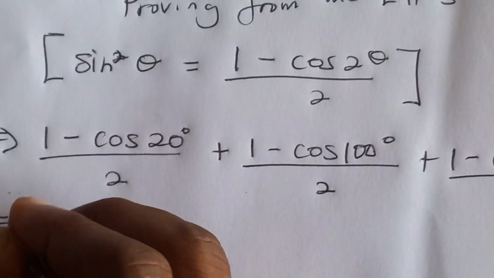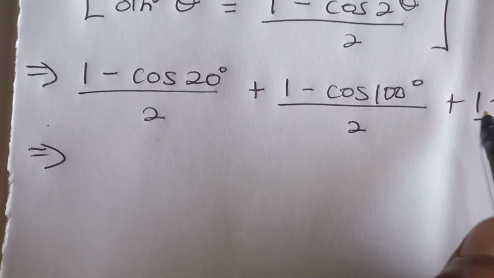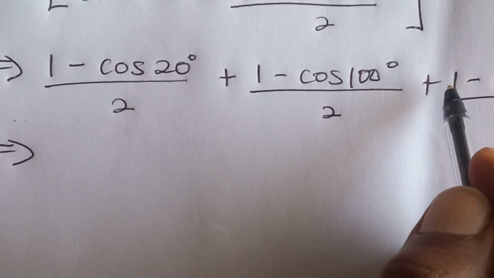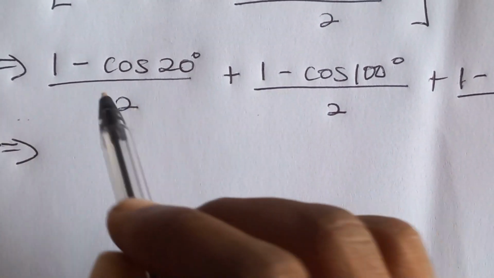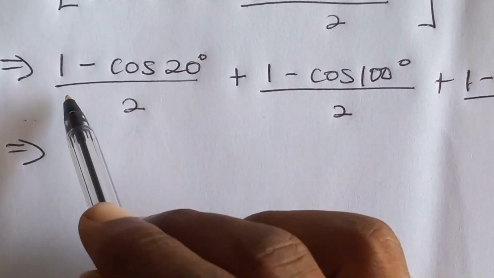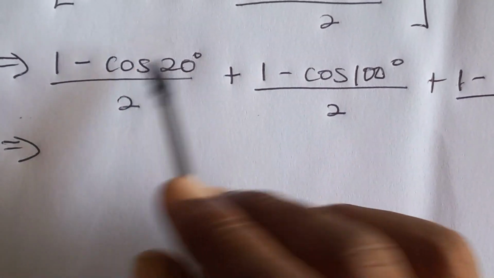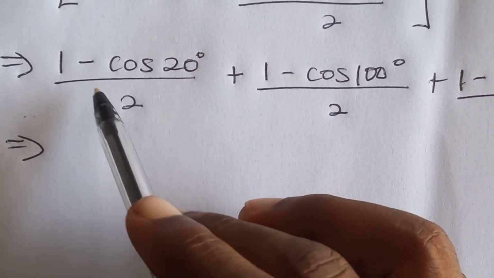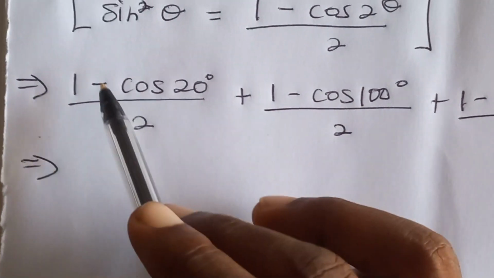So with this, we can factorize all the 1 out. So we have 1 plus 1 plus 1, we get 3.